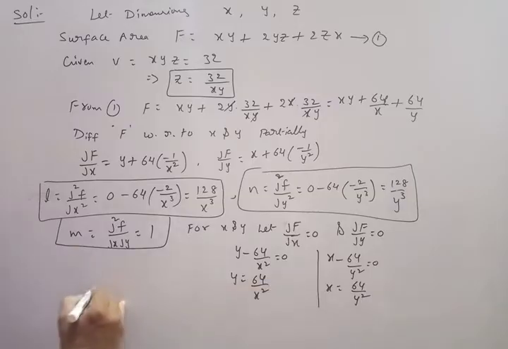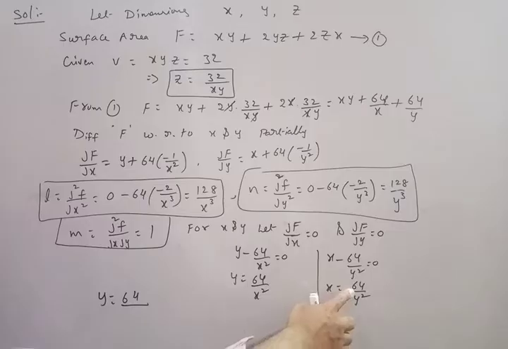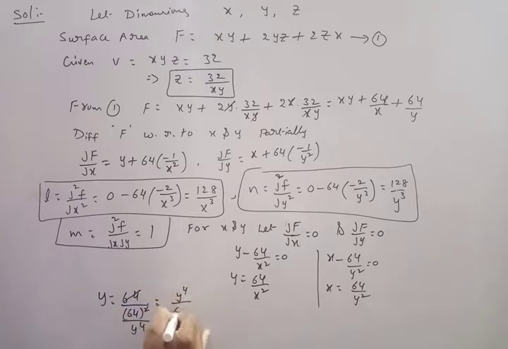So y is equal to 64 by x square. Now, x square is what? 64 whole square by y square, means y power 4. So this will be reciprocal. 64 gets cancelled. y power 4 by 64 I get, right? So that means 1 y and 1 y get cancelled. If I cross multiply this side, what I get here?